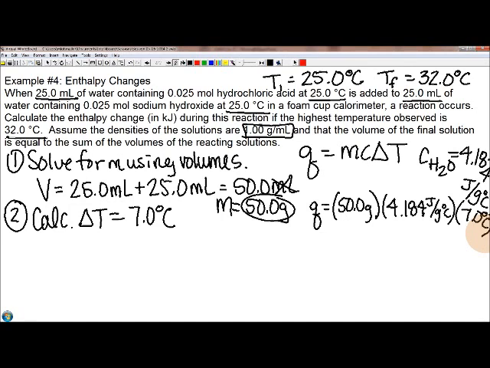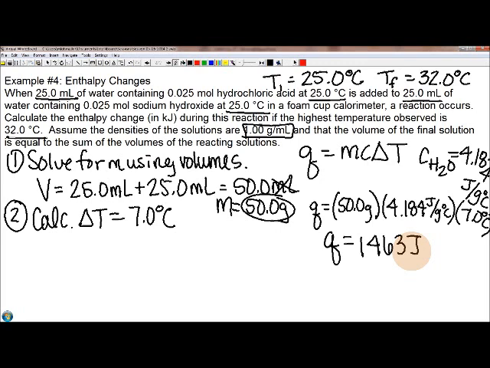Alright, so then we can solve for q. If you take 50 times 4.184 times 7, you should get very close to 1,463 joules, or somewhere close to that. But we need this in kilojoules, not joules, so we have to convert.